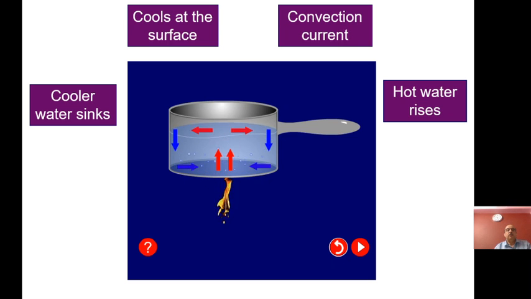That's why they move up. Whereas the cooler water sinks down because the molecules are denser. This produces the convection current. The flow of fluid because of convection is called a convection current.